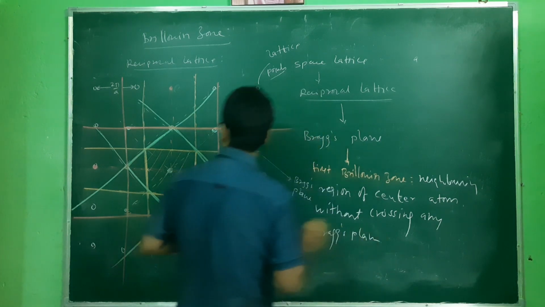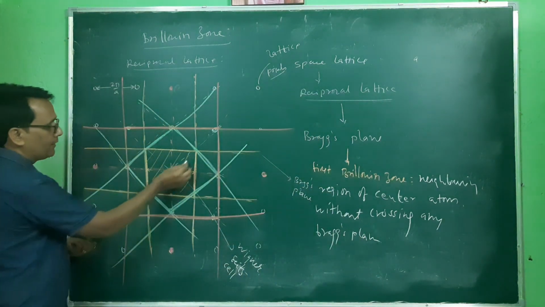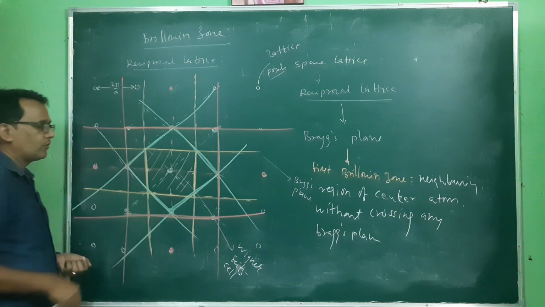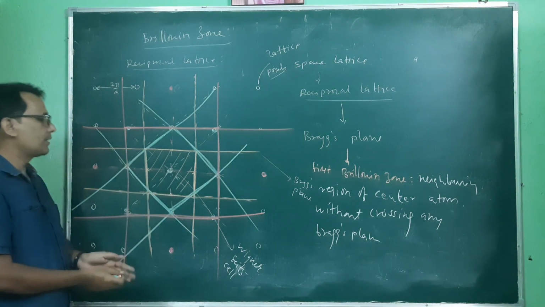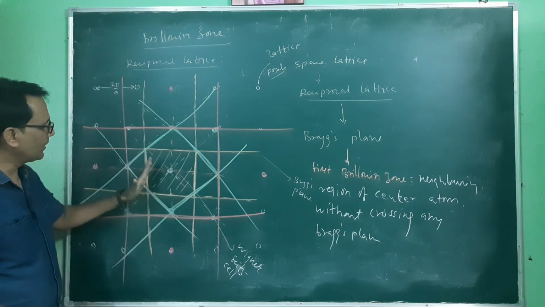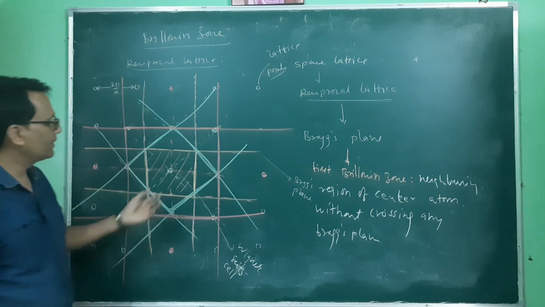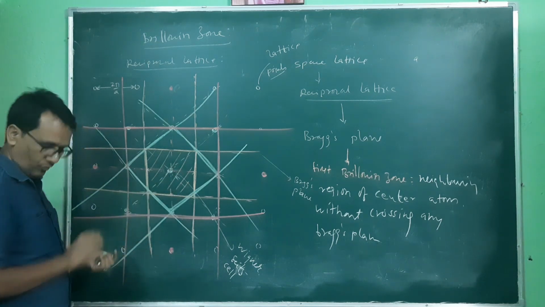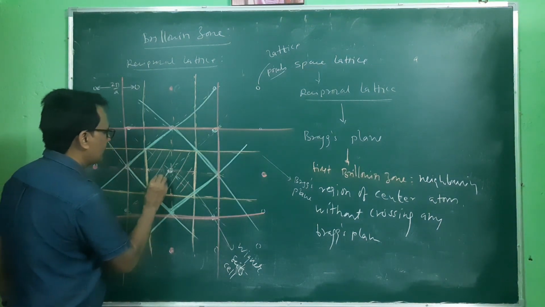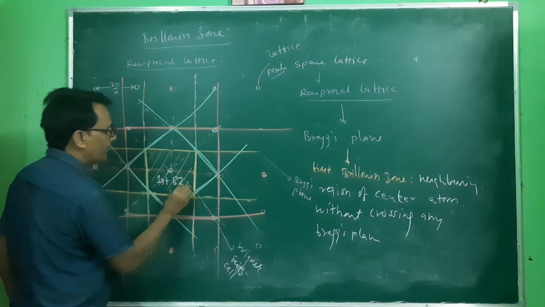So this is the central atom, and this region around it, which is not crossing any Bragg's plane, is known as the first Brillouin zone.